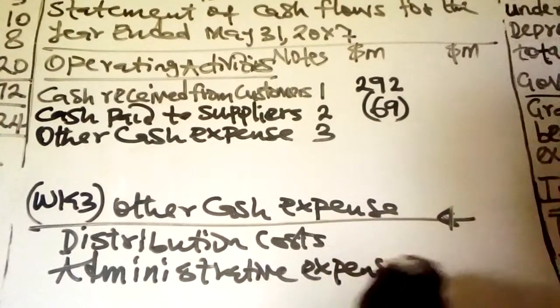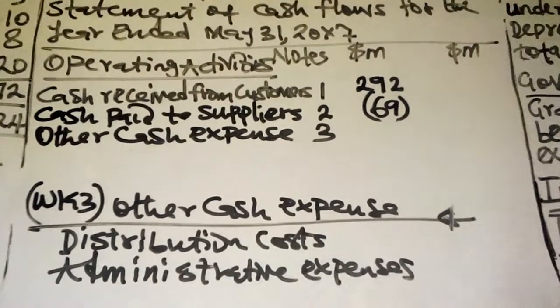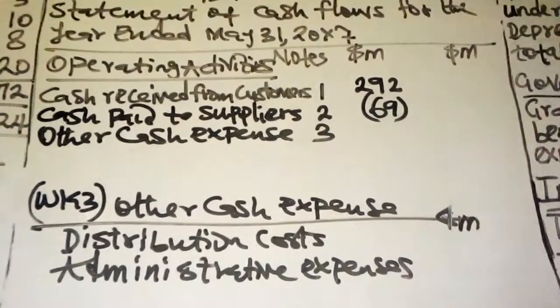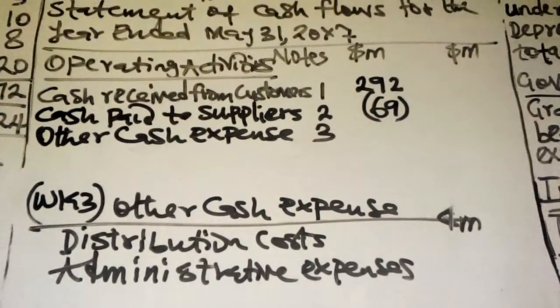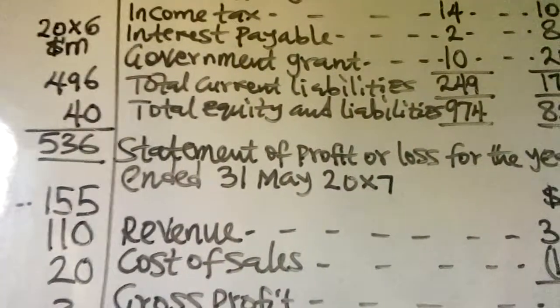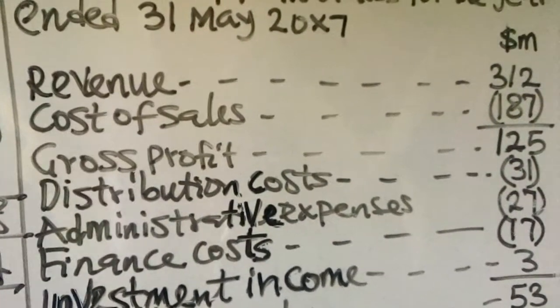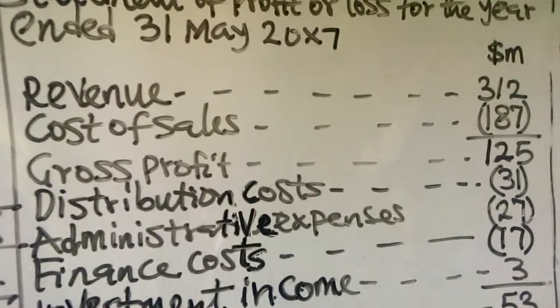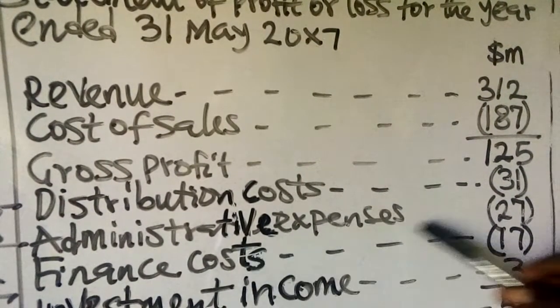Remember, these items have been reported in our statement of profit or loss, and the statement of profit or loss has been prepared in line with accrual basis. The distribution cost is 31, administrative expenses is 27. So now let's load them in.